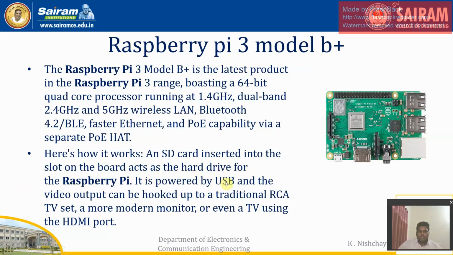It is powered by USB, and video output can be hooked up to a traditional RCA TV or LCD screen, or to more modern monitors or even a TV using an HDMI port. Okay, by this you can understand how the Raspberry Pi works. I gave you information on how to install and feed a program into the Raspberry Pi and how to go for the further steps.